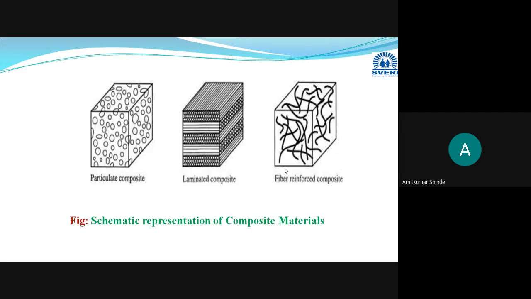For the matrix, the metallic matrix is aluminium, copper, nickel and their different alloys, and in the non-metallic matrix you can use different types of polymers, such as polyesters or epoxy resins.